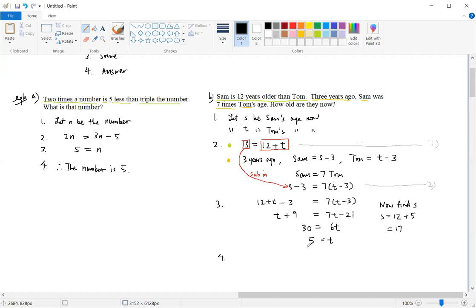S is Sam, T is Tom. So Tom is 5 years old, and Sam is 17 years old now.